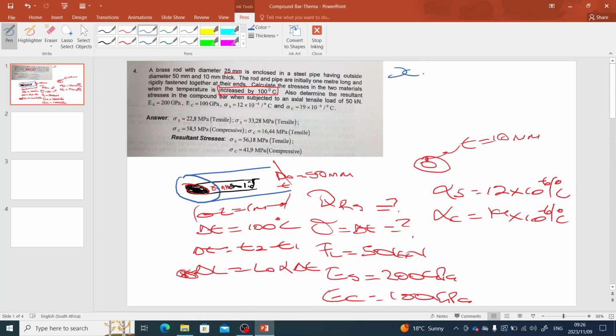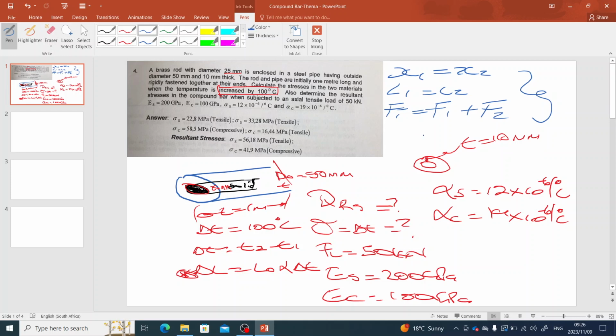We know that change in length 1 equals change in length 2. We know that total force equals force 1 plus force 2.